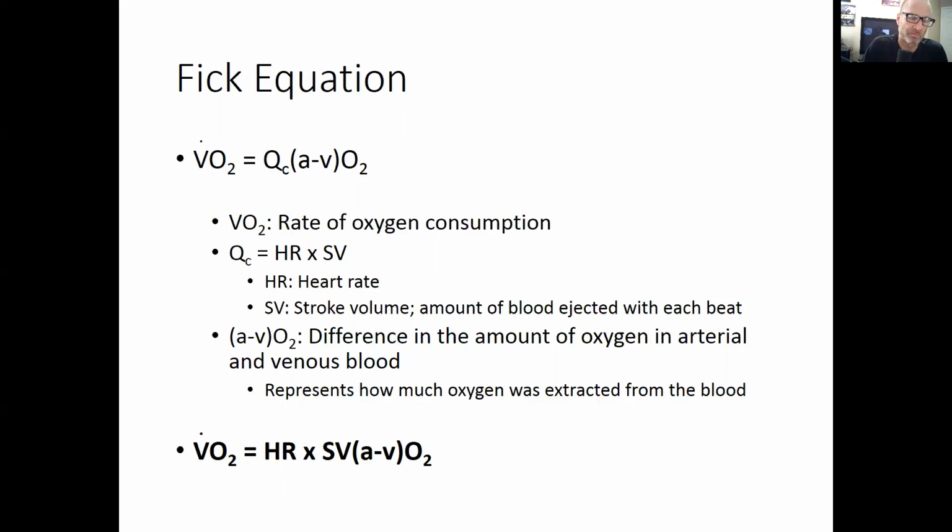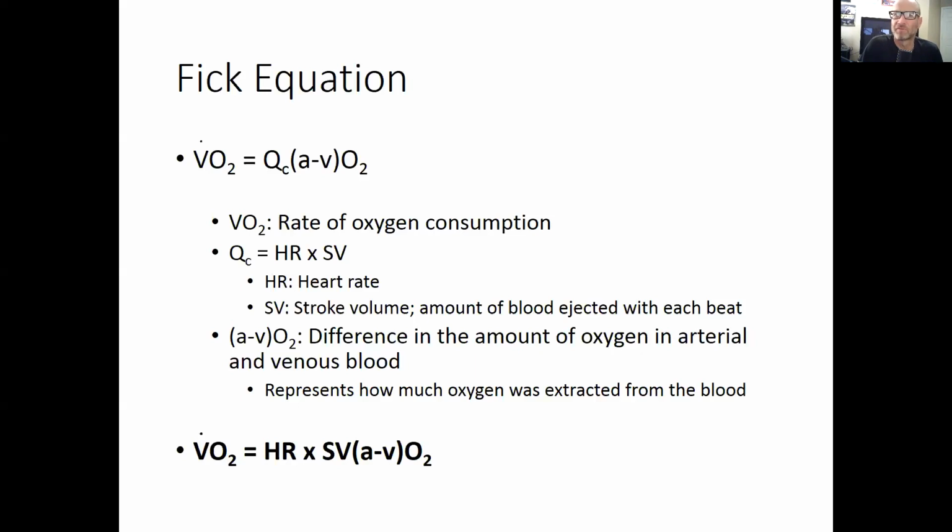Now, to measure VO2 in the lab, we have to have a sophisticated piece of equipment where we have a mask hooked up to the person. That mask is connected to a computer where we're collecting all the expired air from the person, and we're measuring the amount of oxygen content in the expired air, as well as CO2.